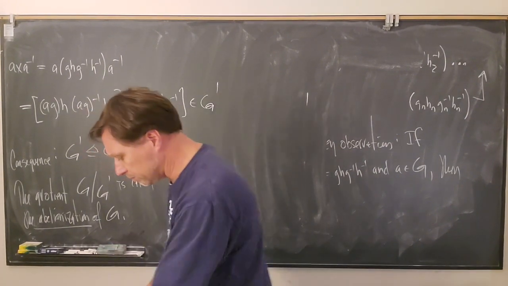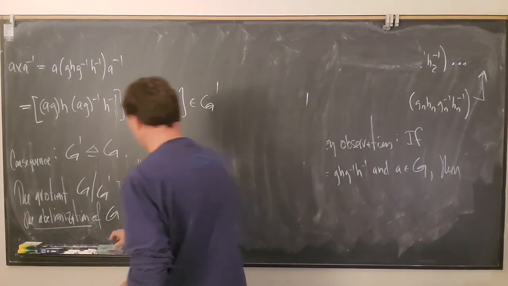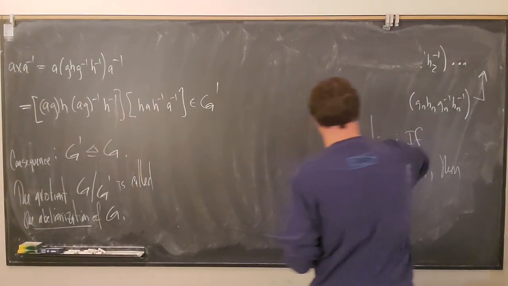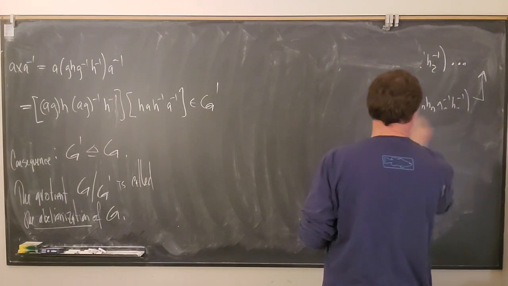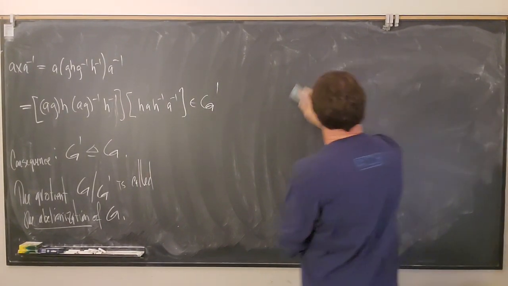And here's the reason. What we're essentially doing is forcing things that may not have previously commuted to commute as cosets.